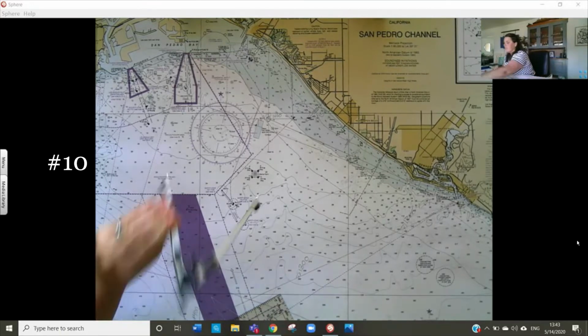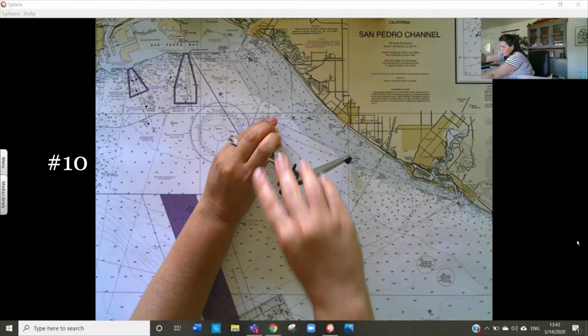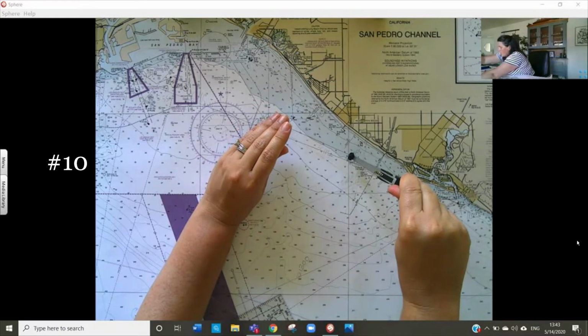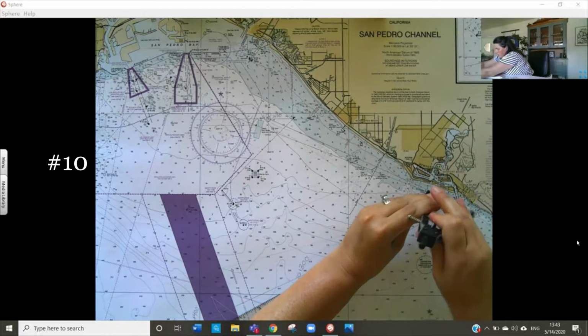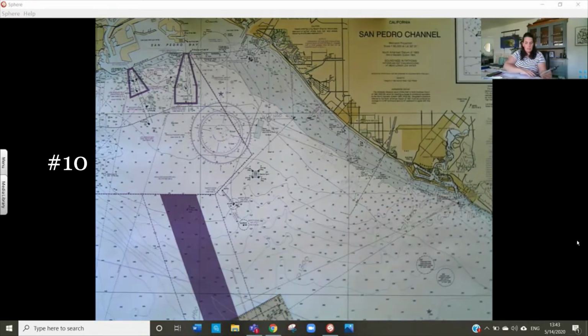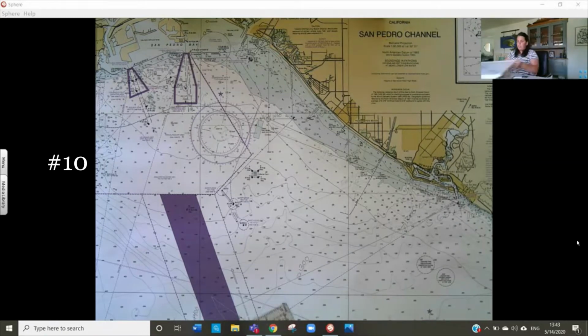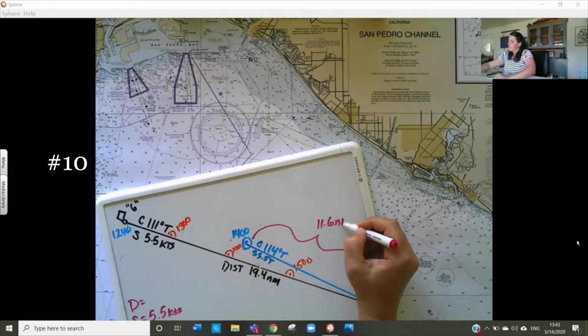So I have 5, start on my 1400, we have 5, 10, 10 plus 1.6, so that would be a distance of 11.6 nautical miles.